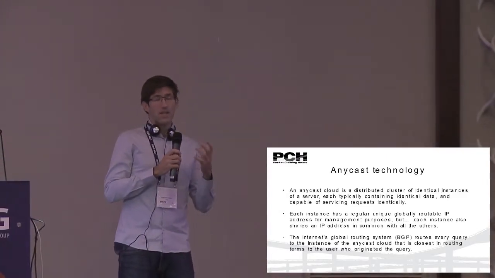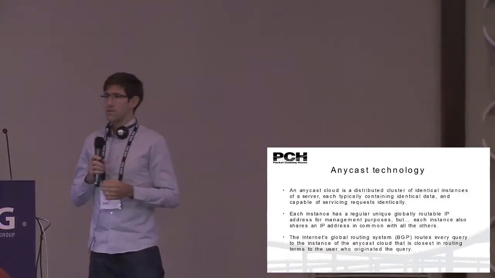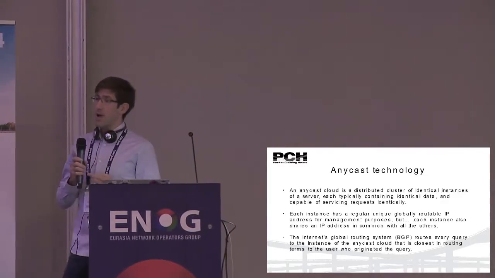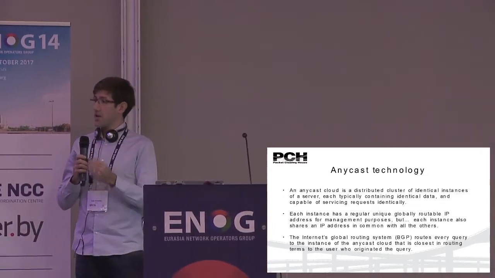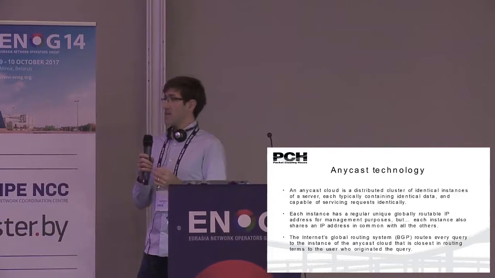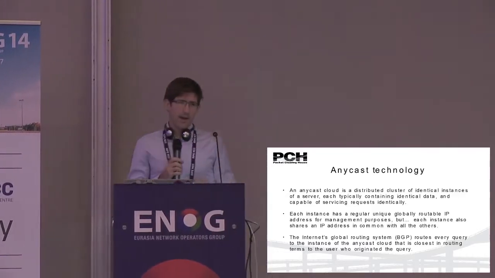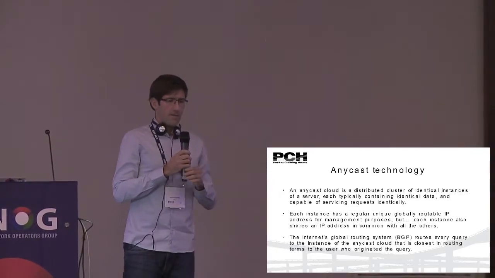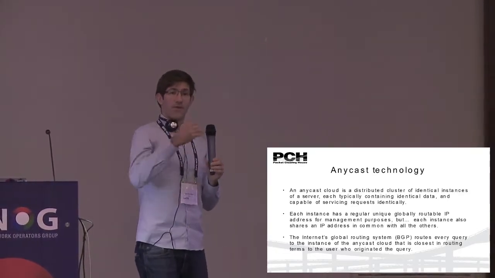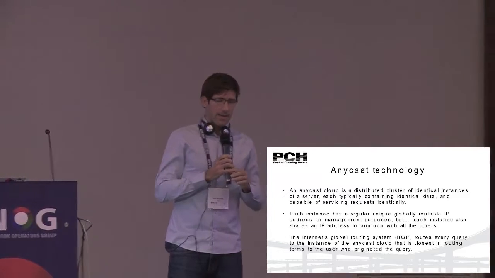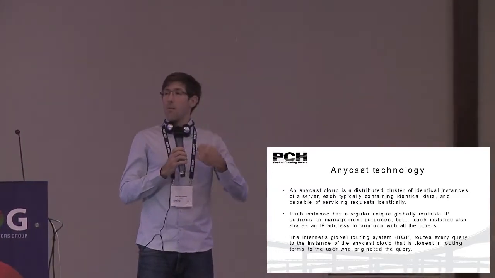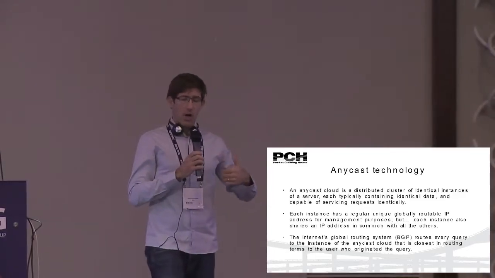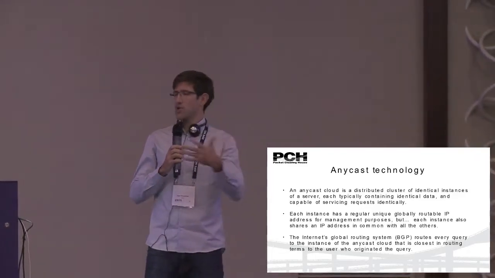In each of these instances, we'll have a normal, regular IP address that you can access for management purposes, but we'll have a shared IP address, and that is the Anycast IP address. And that's the one that is being used and is being announced from different locations. And through BGP, you're able to access the one that is closer to you from a topological perspective.